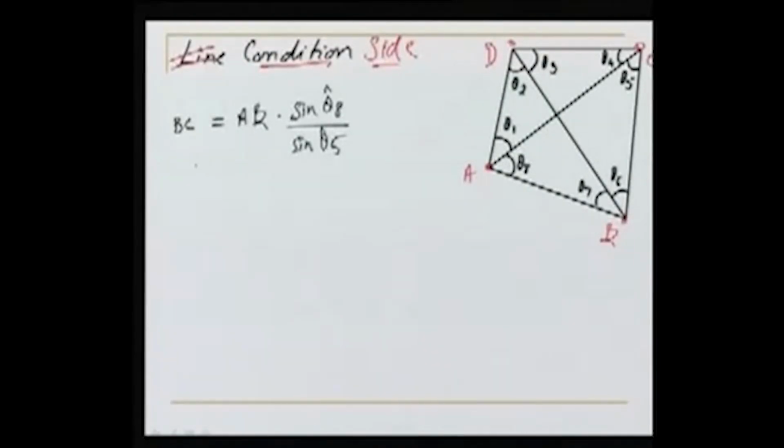Well, now I can write DC in terms of BC. So I can write it as DC equals BC sine theta 6 by sine theta 3.